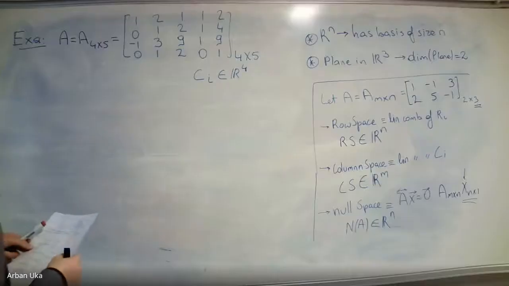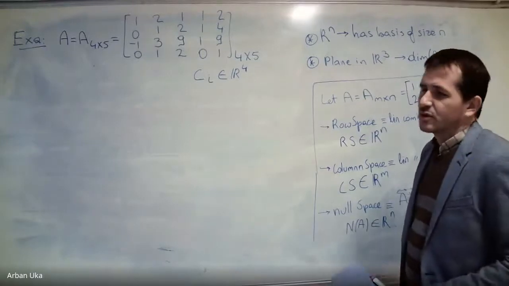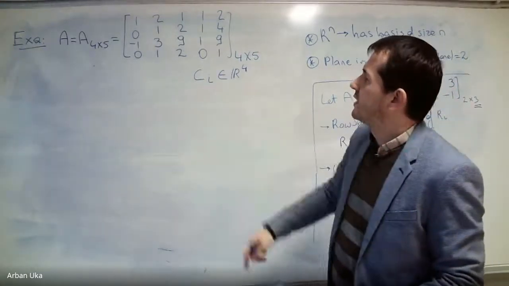Professor, I have a question. Can you explain again how you are defining the subsets for the columns and the rows? Like here you said that the columns are a subset of R4. Can you explain how you get that number again? Yes. So you read for me one column.